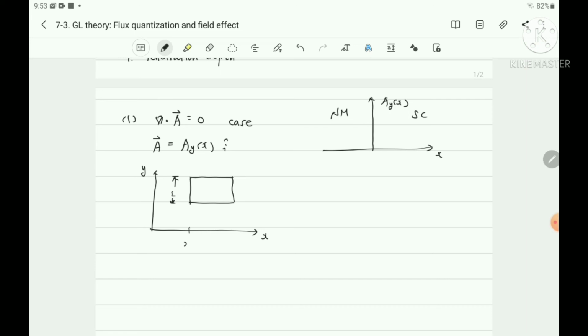And here this is x0 and it is x1. And in the semi-infinite case, x equals x0 and x1 goes to infinity.